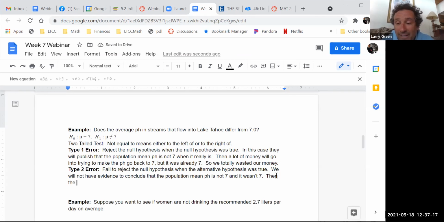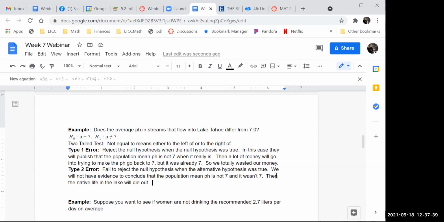Okay, if you have highly acidic water or highly basic water, then the life in the lake will die out. Is that a bad thing? Yes.